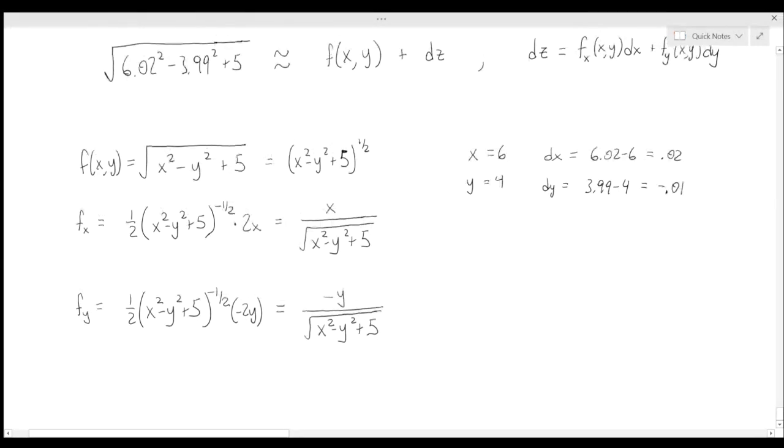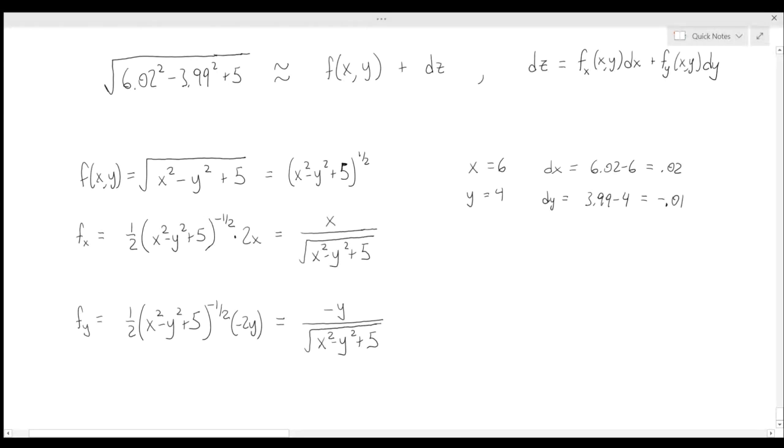Okay. All right, so what I want to do then is plug in 6 and 4 for x and y. So I need to plug them into our original function f.